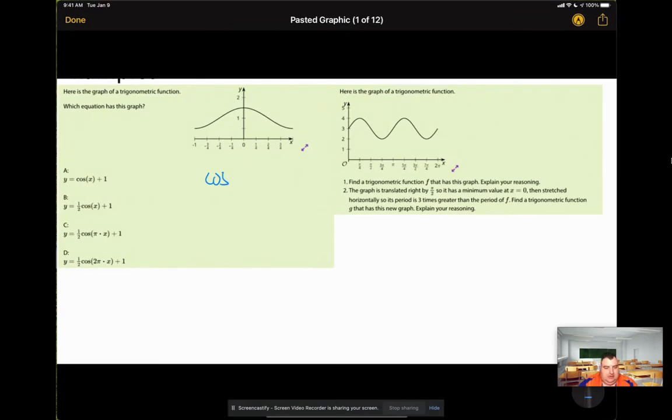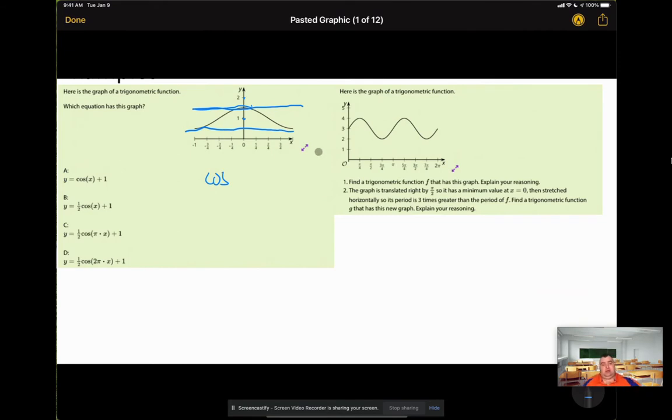So here, my high point is at 1, and my low point is at 0.5. And actually I made a mistake. It looks like my high point is at 1.5, because 1 is here, 2 is here, the high point is in the middle, and my low points are at a half.